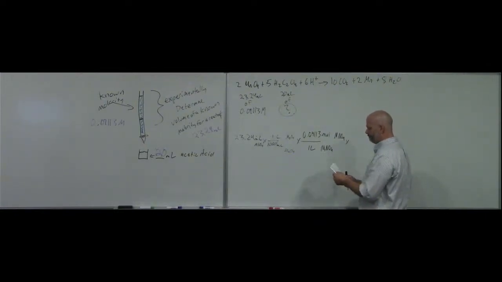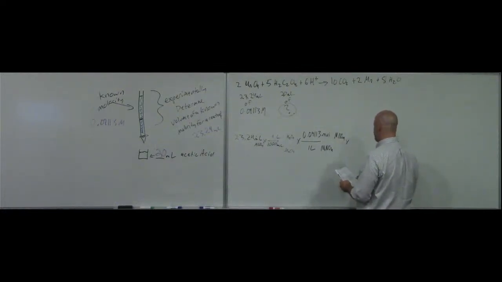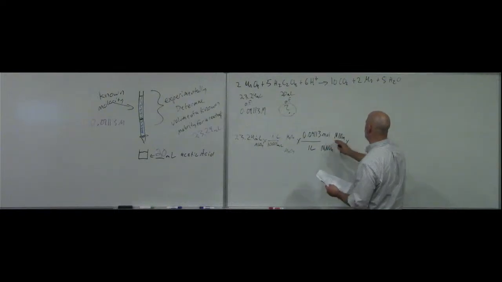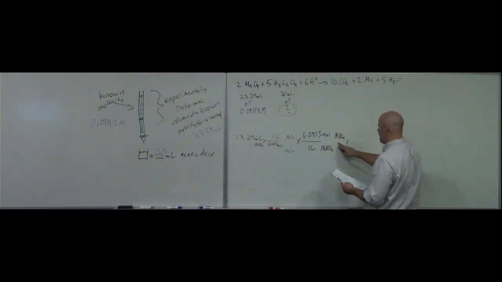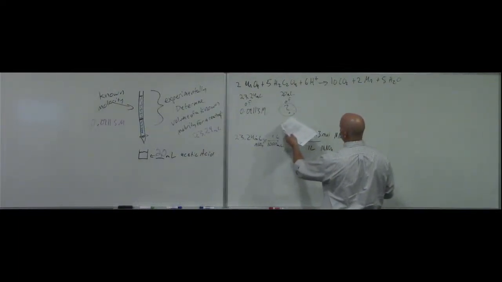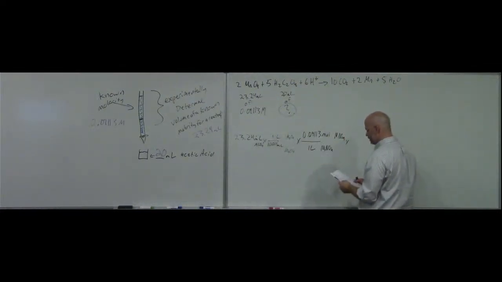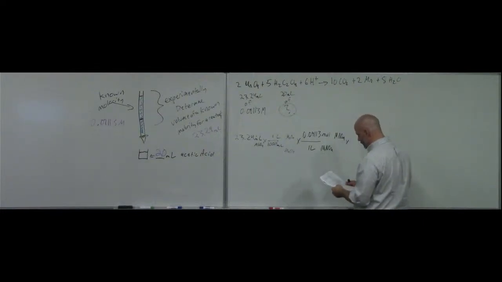All right. So here we go. Back to this. We've got moles of permanganate at this stage, right? And I want to get ultimately to moles of this. So now I'll do a mole-mole ratio.